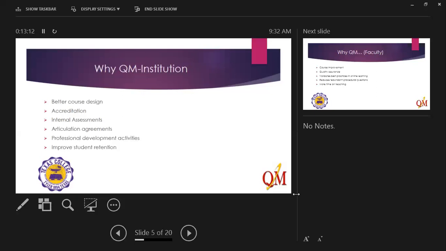So we're looking at why an institution should become a QM institution, and retention. Once a student enrolls, goes through the learning process successfully, and achieves the student learning outcomes, they are likely to refer other students to the same course or take courses in the same department, the same institution.